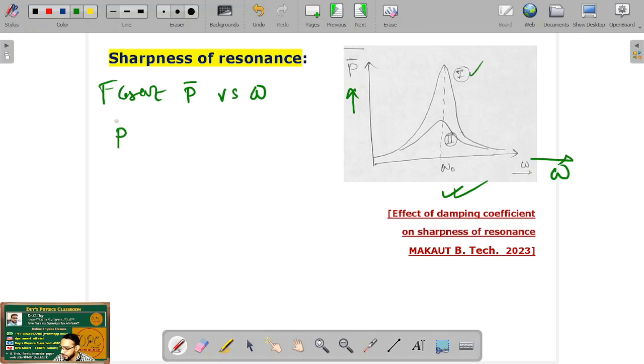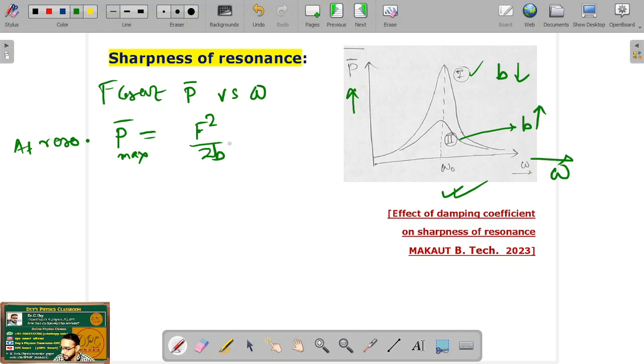We know that at resonance the average power becomes P bar max, which equals f square by 2B. So it is inversely proportional to the damping coefficient B. Now we have considered two cases: case 1 where B is very low, and case 2 where B is very high.